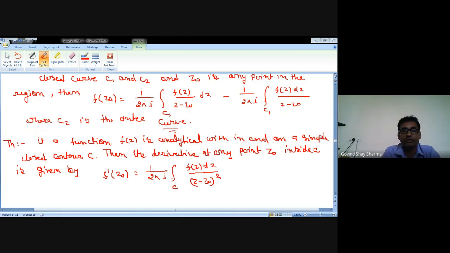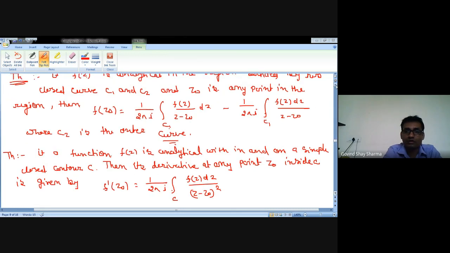This is a very important concept of complex analysis, and after this we will read the residue theorem and singularity, where we will also use this formula.